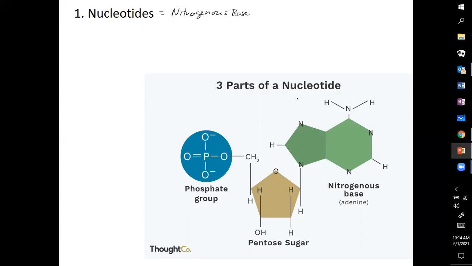So Watson and Crick, right? Watson and Crick were going to do the helix, but these nucleotides were known before Watson and Crick did their experiments. So this stuff was known, that nucleotides contain a nitrogenous base, a pentose, meaning a 5-carbon sugar, either ribose or deoxyribose, depending on whether we're talking about DNA or RNA, and one or more phosphates.